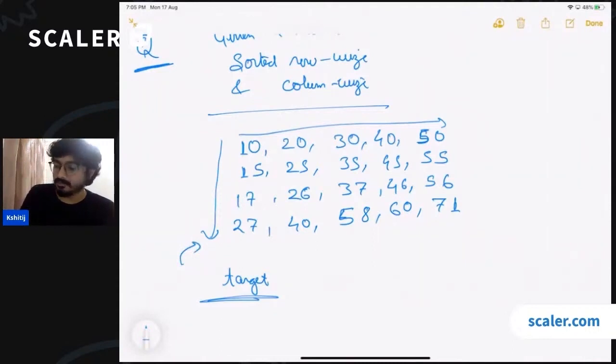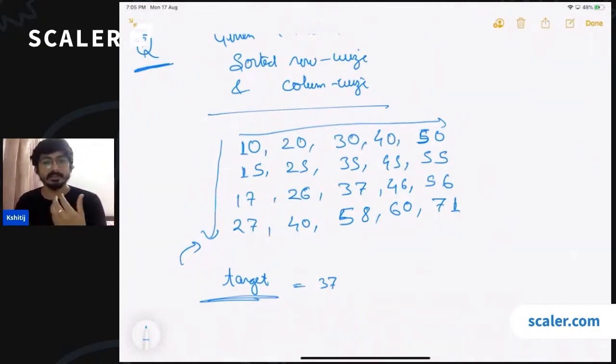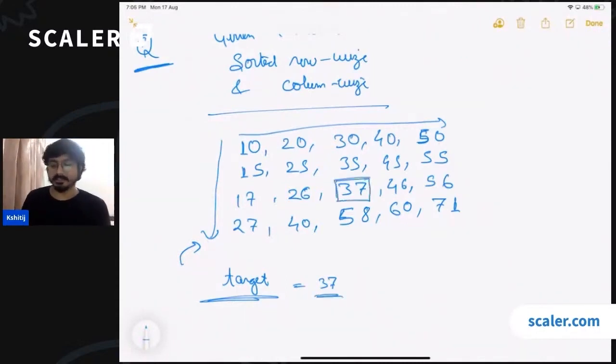For example, if your target is 37, you have to identify whether the target is present in this matrix. If it is present, then what are the coordinates? So if the target is 37, 37 is present and it is present here, right? So you will be returning the coordinates of 37 in this matrix. Is the problem clear?